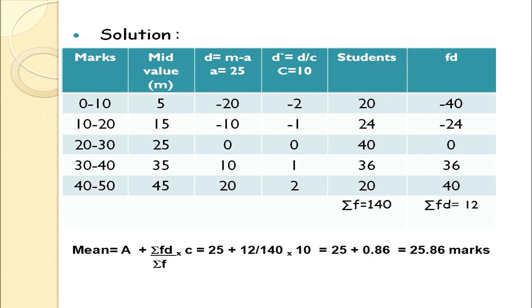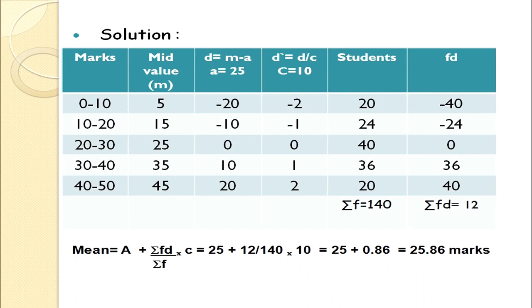Now students, write the formula: A plus summation of fd dash divided by summation of frequency, into c. Put the values: 25 plus 12 by 140 into 10. It comes to 25 plus 0.86, that is 25.86 marks.